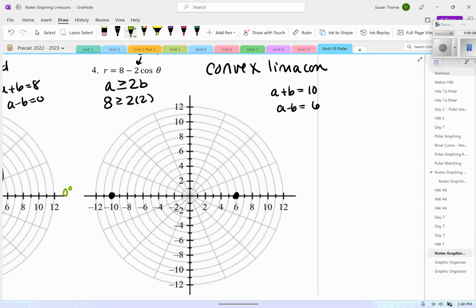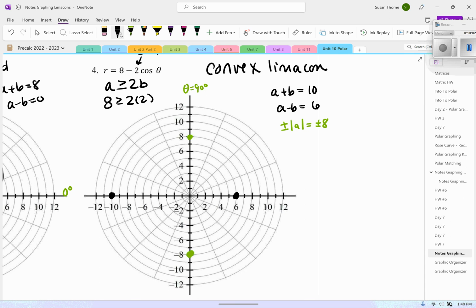Then we want our other intercepts, which are, again, plus or minus the absolute value of a, so plus or minus 8. So here we have 8 and negative 8. And again, if you forget, you can always plug in theta equals 90 degrees and 270. So that means you're going out a distance of 8 from the pole towards 90 and 270.